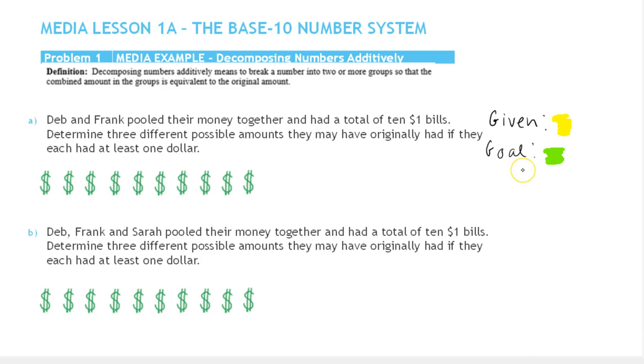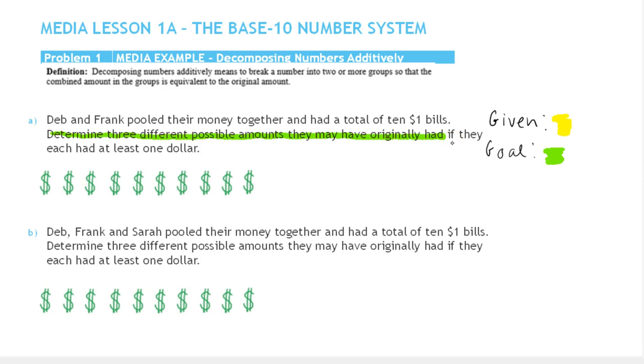So the goal usually starts with the word either determine, find, or sometimes it's phrased as a question. What is the, how much is the? That's what you're really looking for, and it's usually the last sentence or towards the end of the problem. So notice right here we have determine three different possible amounts they may have originally had.